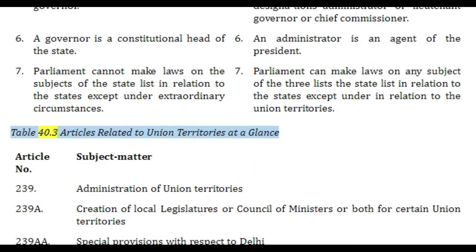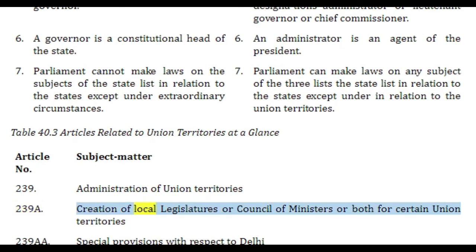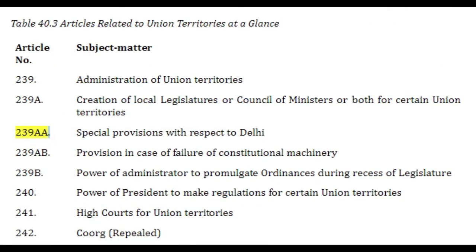Table 40.3 Articles related to union territories at a glance. Article No. Subject Matter. 239. Administration of Union Territories. 239A. Creation of local legislatures or council of ministers or both for certain union territories. 239AA. Special provisions with respect to Delhi. 239AB.